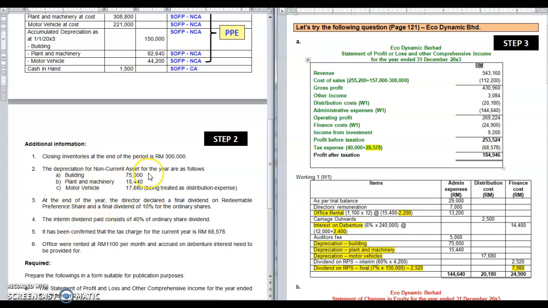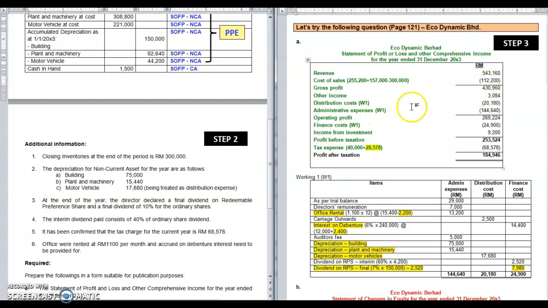However, once you have practiced it a lot, you can just do it simultaneously when you prepare the financial statement. Since we have practiced it before, I will do it directly on the face of the statement regarding the adjustment. So step number 3, we are going to prepare the financial statements.